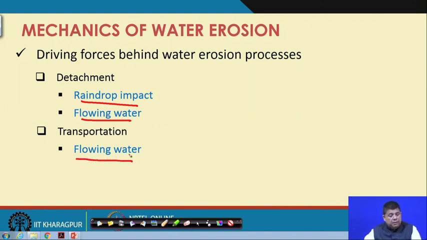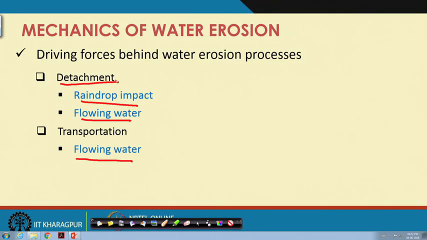Remember, right from lecture 1, when we started classifying soil erosion, the first was raindrop impact erosion, the first level where erosion starts.